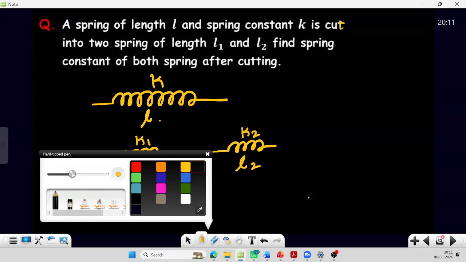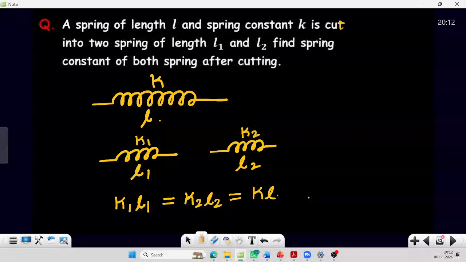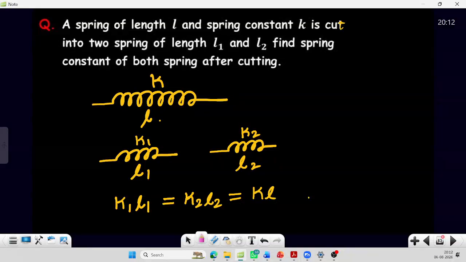For the springs, we know K into L remains constant. So for these springs, K1 into L1 should be the same as K2 into L2, which is the same as K into L. For the spring, this satisfies the relation K into L remains constant.